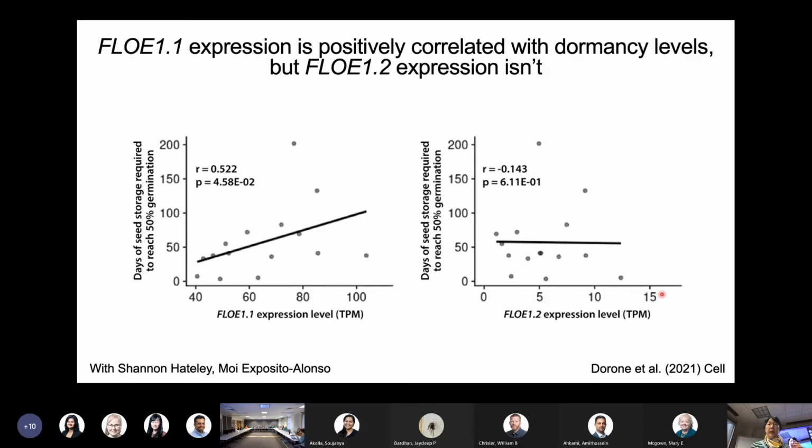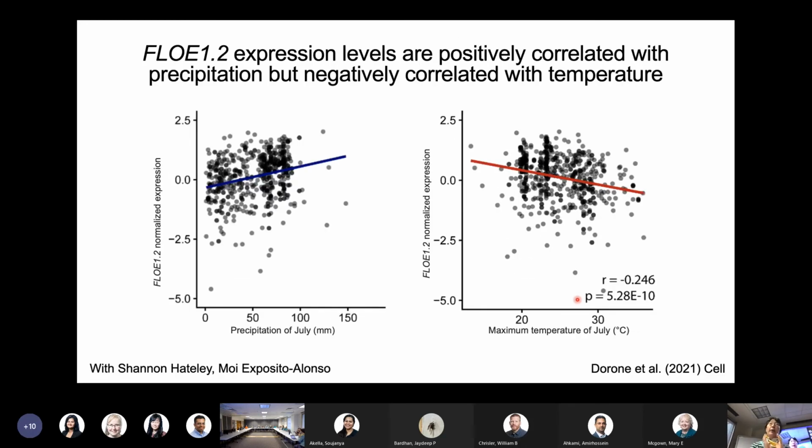But the smaller protein, flow 1.2, that's missing the DS domain, is not correlated with that trait. However, flow 1.2 is positively correlated with precipitation in the summer and negatively correlated with maximum temperature in the summer. These are two traits that are related to promoting germination, actually.